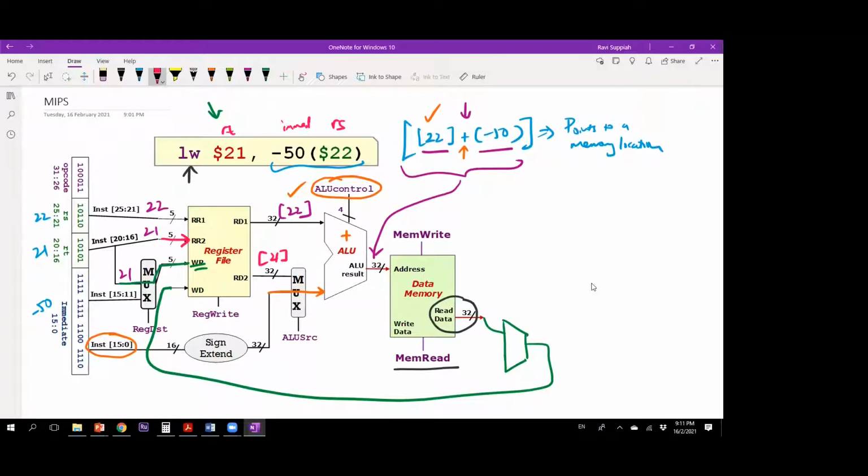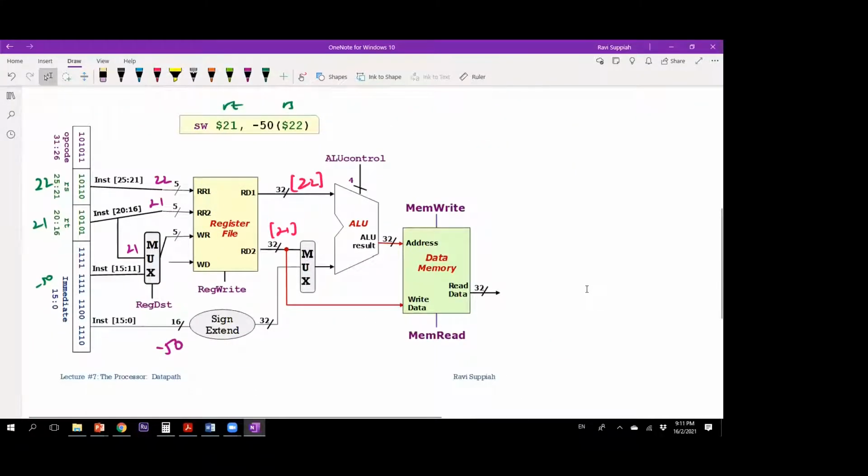The intention is for 21 to be specified as the write register, not read register. So even though it is available, we are going to ignore it. We're not going to use it, because that is the data that I want to write. So in this instruction, I'm taking this data and I'm going to write into this address.